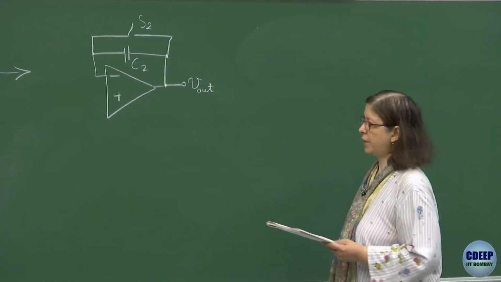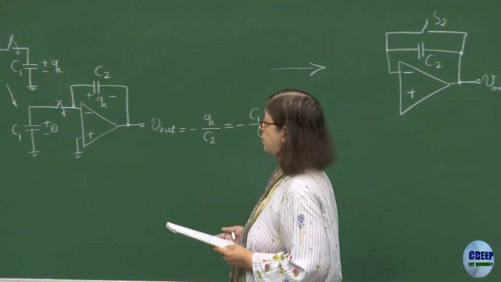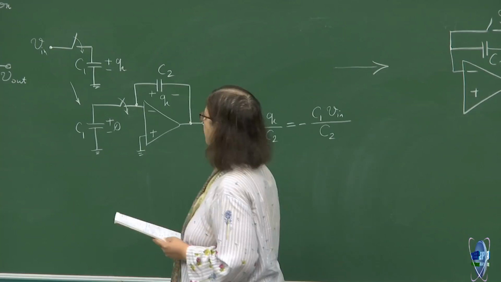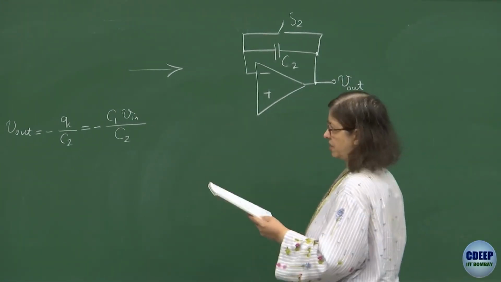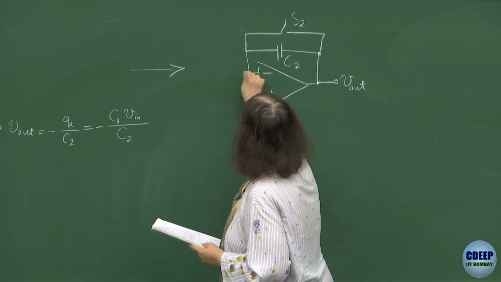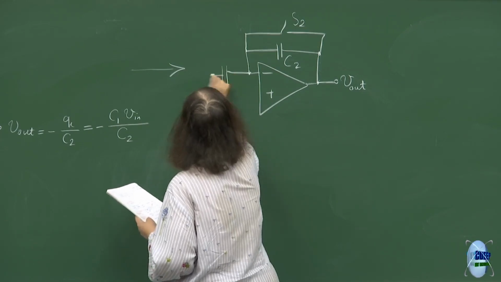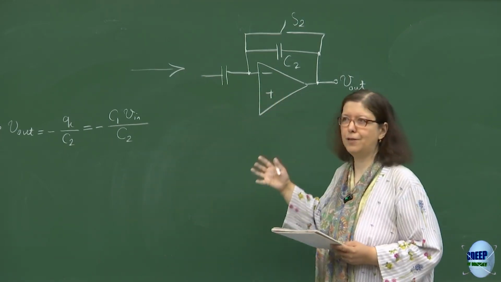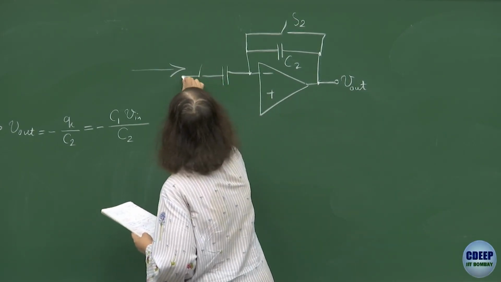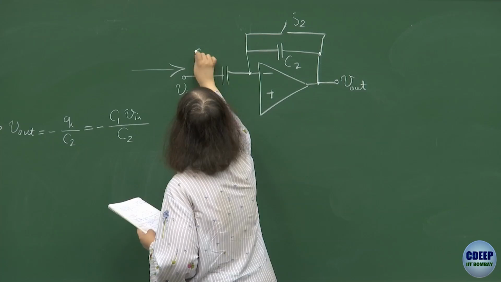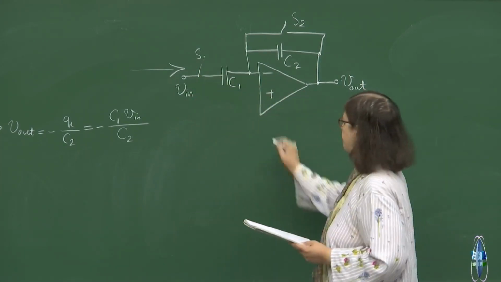Okay. So I want to avoid that. So this is the configuration. See, eventually if I want to avoid that, I have to try to drive the plate of capacitor, which is right now grounded. So instead of going with that, I keep the capacitor horizontal. In fact, as soon as you make it horizontal, you are driving both of them. And put the switch over here, Vin, say switch S1, this was S2, and this is capacitor C1.